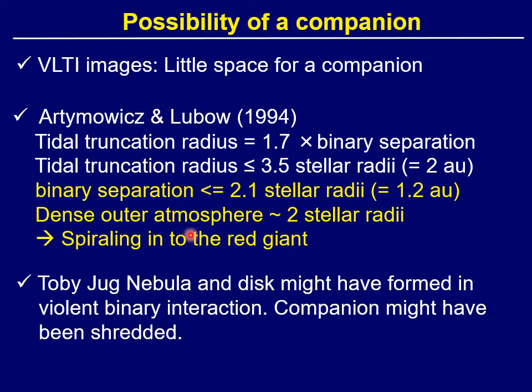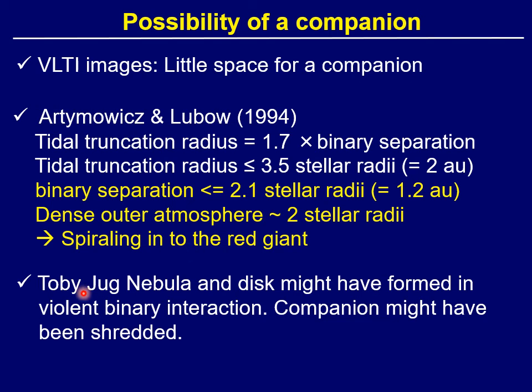And M giants have dense outer atmospheres extended to 2 stellar radii. So if a companion is orbiting through this dense atmosphere, it's probable that it simply spirals in to the red giant due to high friction. So this argument disfavors the presence of a companion.